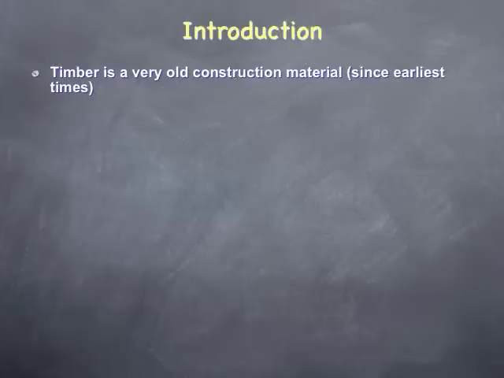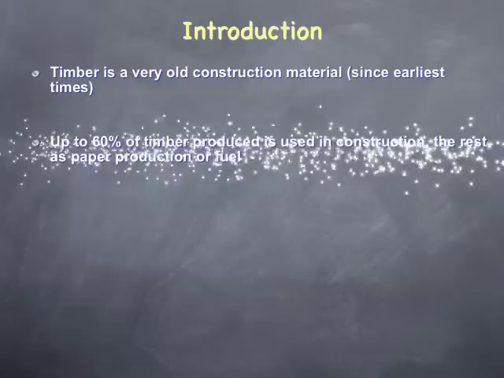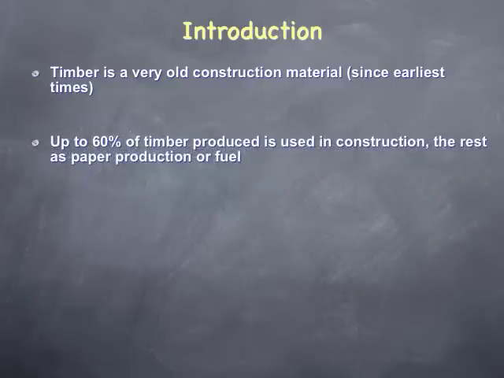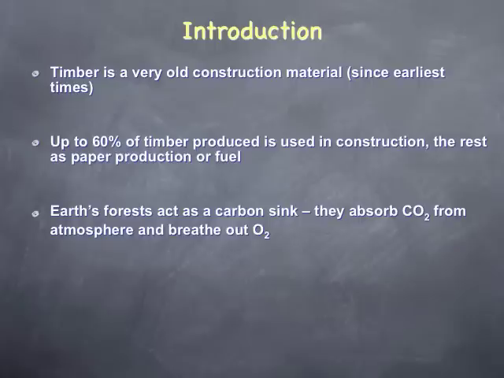Right, timber is a very old construction material since the earliest of times. Up to 60% of timber produced is used in construction, which is quite a lot considering how much timber is made every year. The Earth's forest acts as a carbon sink, which means that it absorbs carbon dioxide from the atmosphere and breathes out oxygen.